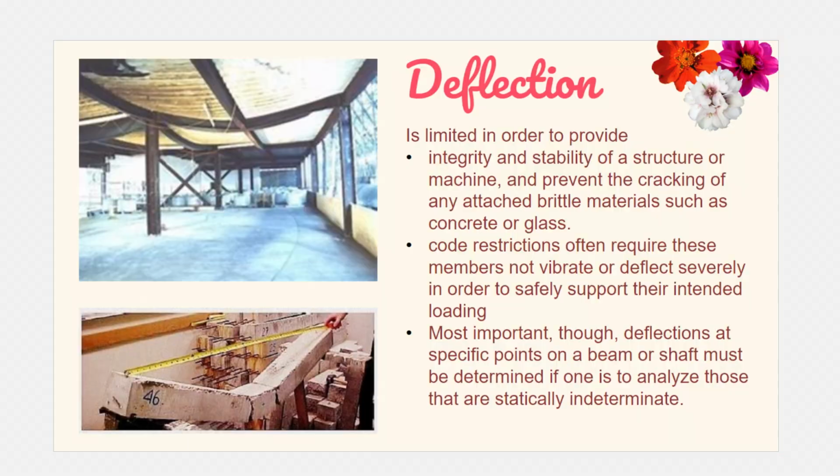Ysa would like to introduce the topic of the deflection of beams. In terms of the deflection of beam, deflection is limited to provide integrity and stability of a structure. This also prevents cracks of brittle materials. Because of certain codes we have, members should not deflect too much for safety purposes. Deflection of specific points on beam must be determined if one can see those that are statically indeterminate.